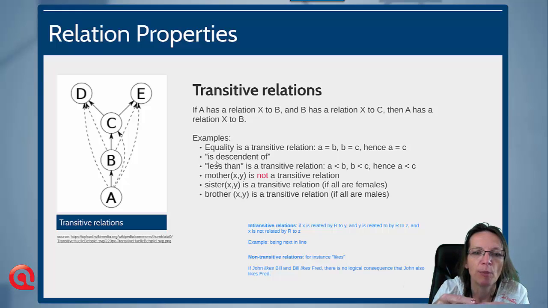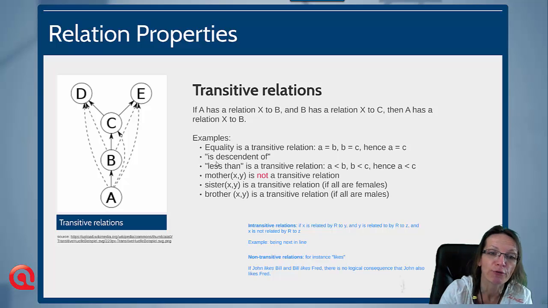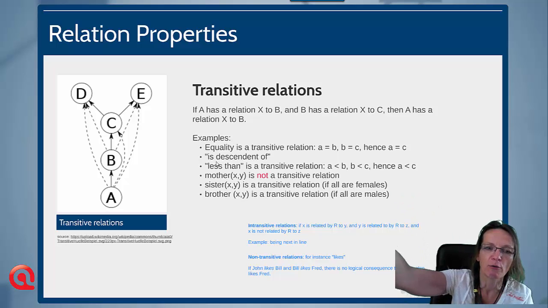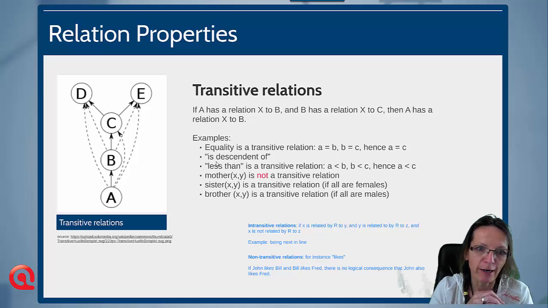So if Peter is the son of Karl, and then Klaus is also son of Peter, then these are descendant of. We couldn't use is son of, because son would not be transitive, because Karl as C would not be the son of the grandfather.